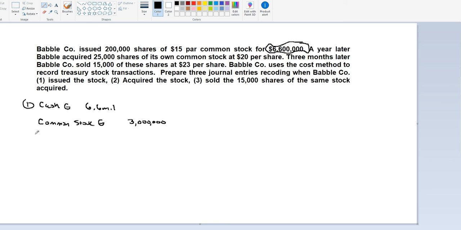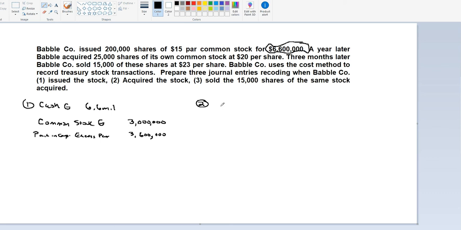The difference is what we call paid in capital in excess of par, and that is going to be $3.6 million. And that's how we put the plug. So nothing real fancy with this. It's very simple. We debit our cash, we credit our common stock, we credit our paid in capital in excess of par.